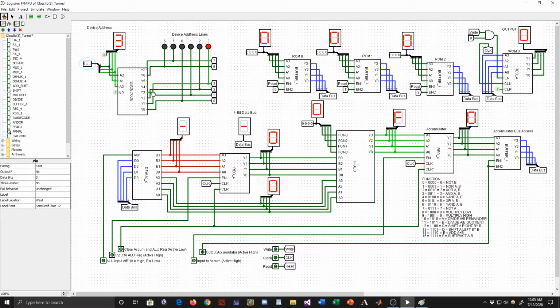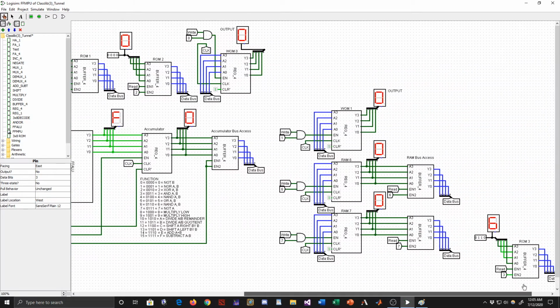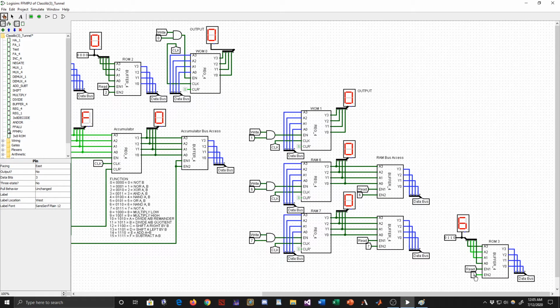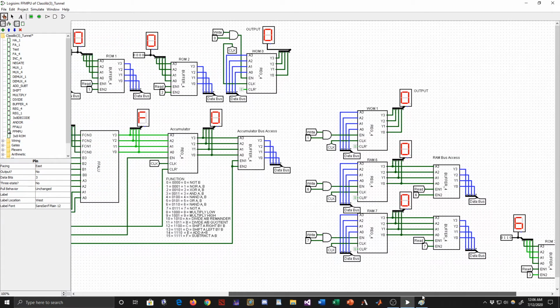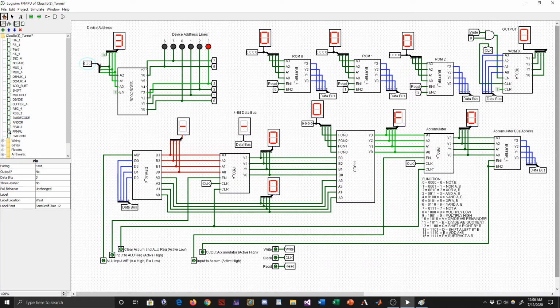So this 1 produced by Y3 will be passed to every device that is connected to 3. There is only one such device, and I do have to jump over here for a minute. That device is this read-only memory 3. So you can see that it has been activated. So this is 1 enabled, but nothing interesting will happen until we are also telling the computer to read, which we'll figure out how to control in just a moment.